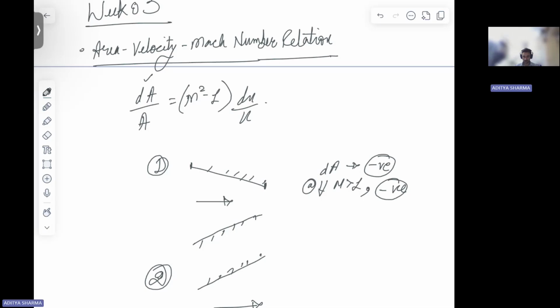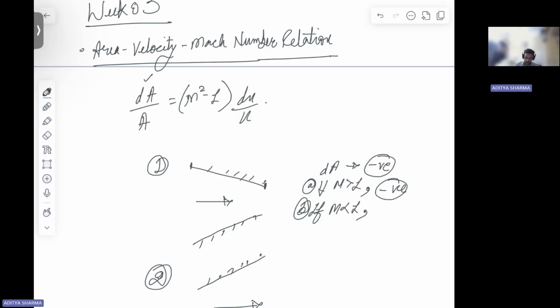Okay, so it means for supersonic flow in a convergent duct, your velocity is going to decrease. And if your Mach is less than 1, it means your left hand side is negative.